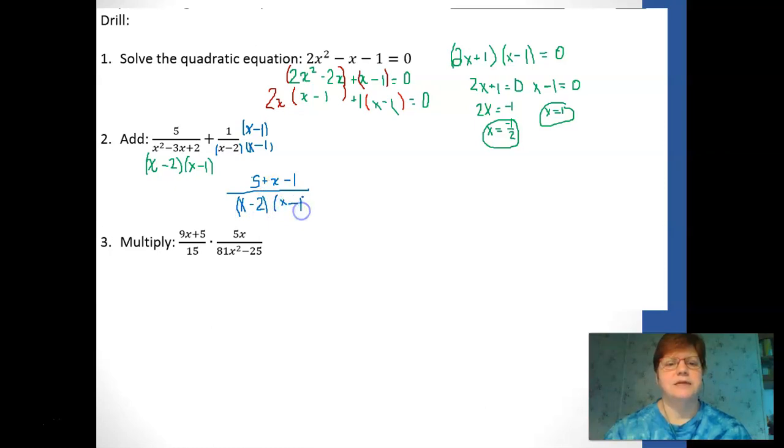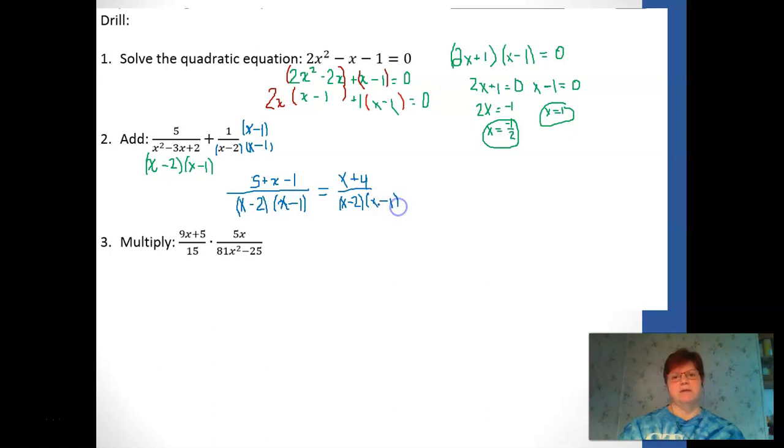Then we combine like terms. On the top, in the numerator, we have x plus 4, and in the denominator we have x minus 2 and x minus 1. We look to see if anything can cancel, and nothing can because we can't factor the numerator any further.